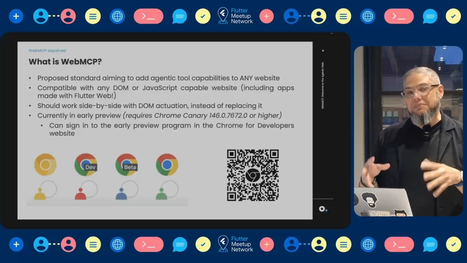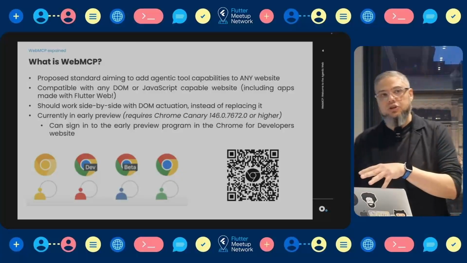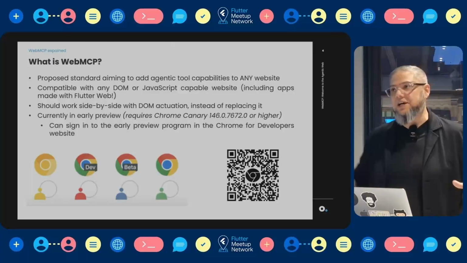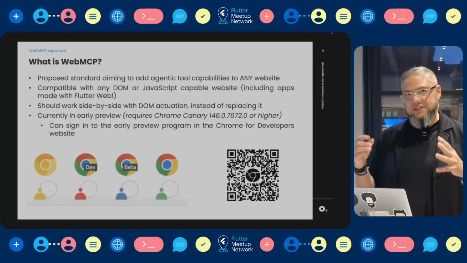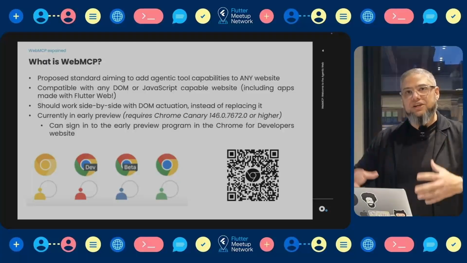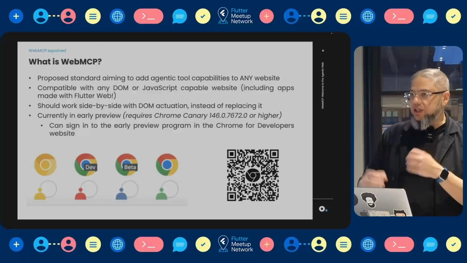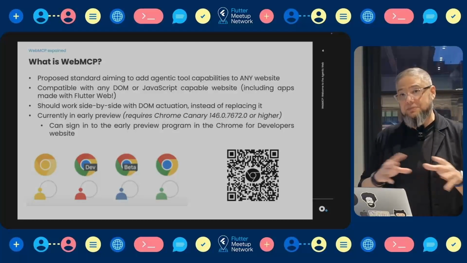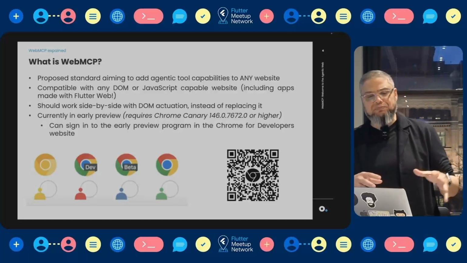That means you should be able to bring agentic work to any website. That's what the proposal is about: bringing automation through tools, the same way that we more or less do right now with MCPs, but to the web.